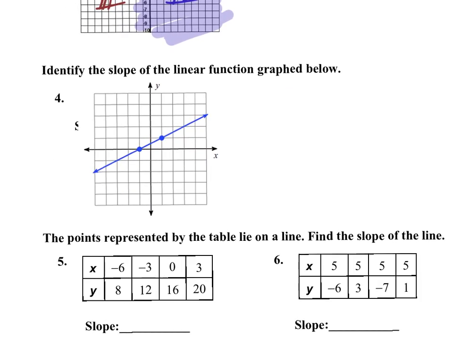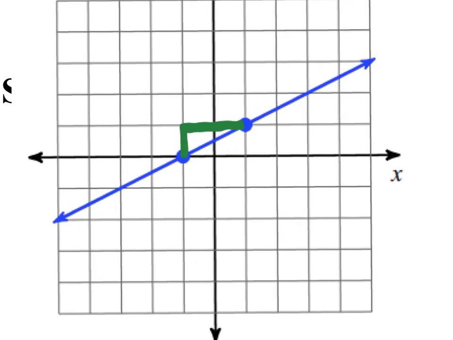Number 4, slope equation. We've looked at a lot of these with graphs. Remember, we can make a little triangle from one point we know to another point. Then we just want to record these things in terms of a rise and a run. I would always do rise first. So this one rose by 1. So it's rise, or delta y, change in y. And then this is the run.